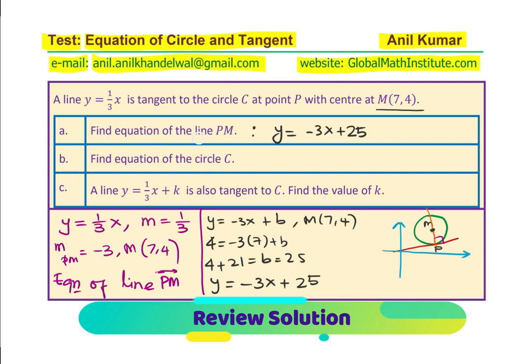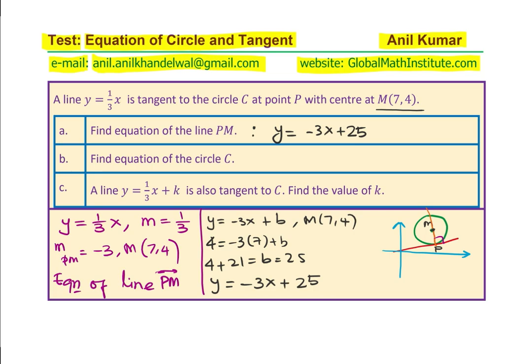Then the first step was to find the equation of line P to M, which is the radius, or the equation of a line perpendicular to the given line from the point of tangency, right? The perpendicular slope is the negative reciprocal, and that helped us find the equation of the line going through the center, whose point is given to us as 7 and 4, correct?